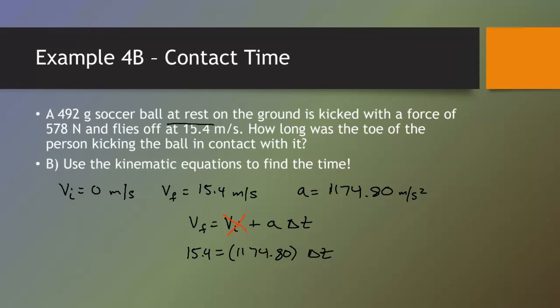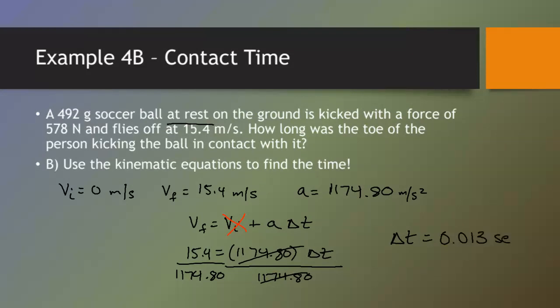So to find time, we just divide. Again, you guys, it's just a little bit of algebra stuff. If you're unfamiliar with the algebra, please reach out to me, and I will send you some videos from other classes I have taught. If we calculate the time, 15.4 divided by 1,174.80, we're going to find that the contact time with the ball is 0.13 seconds.